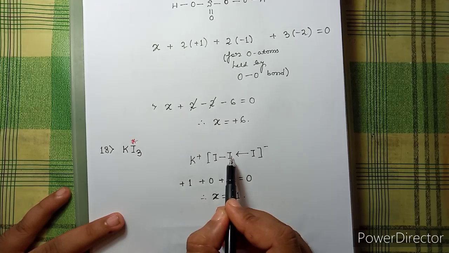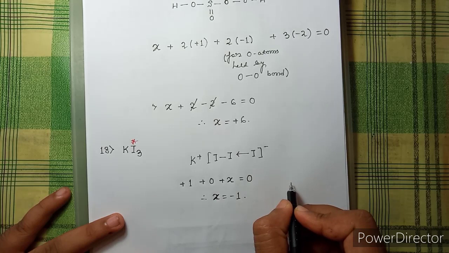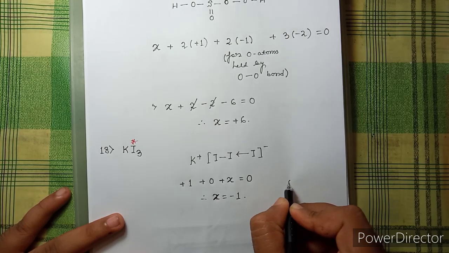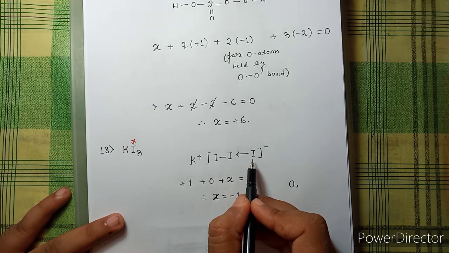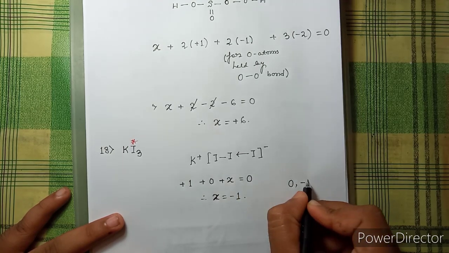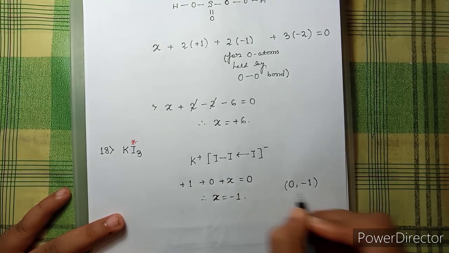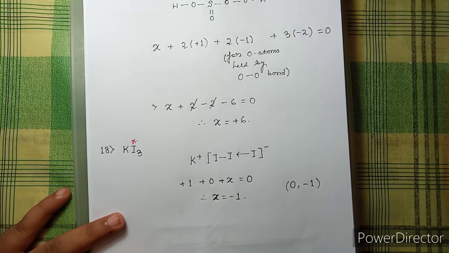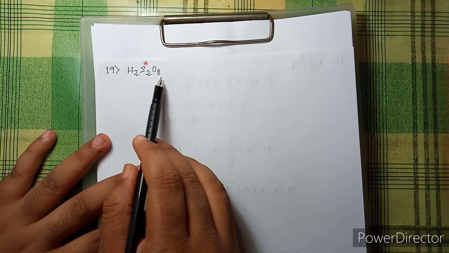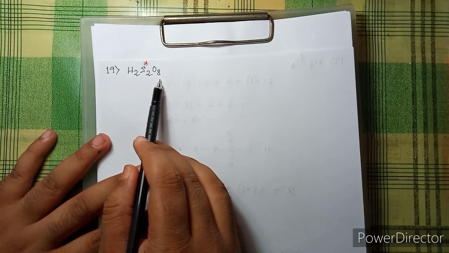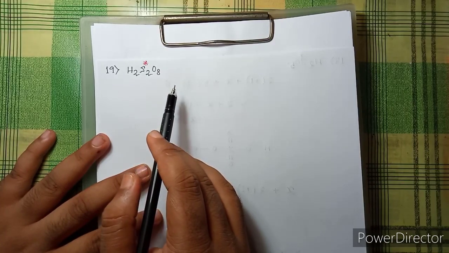Two iodine are participating in making a bond in the iodine molecule, that is I2, so the oxidation number of iodine is 0, and in the other I, this is present as I minus, its oxidation number is minus 1. Clear?